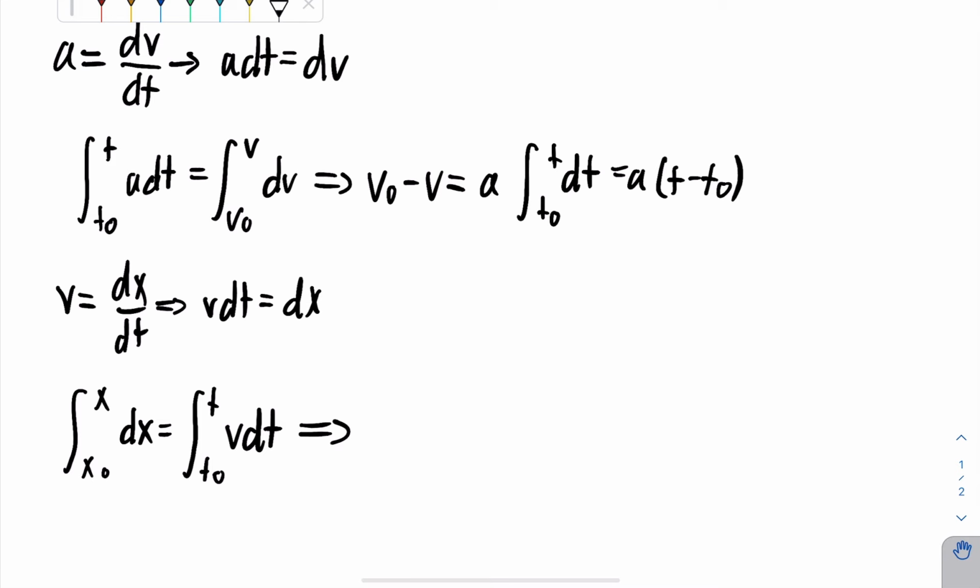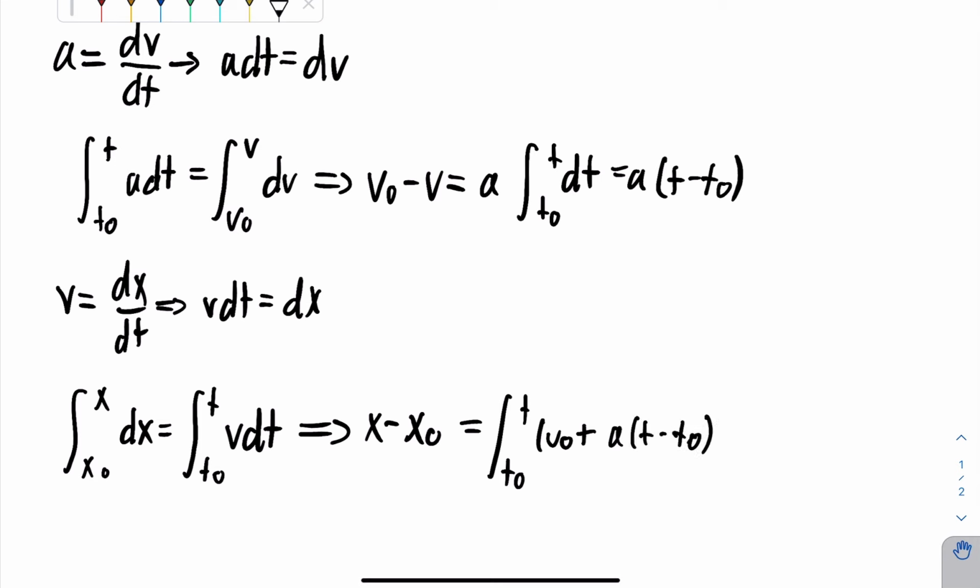So thus again we can solve, and this gives us a nice function. We get x minus x naught is equal to the integral between t naught and t of v naught plus a times t minus t naught. Again, we're plugging in from the equation that we have up here once we solve for v. And then this is going to be with respect to t.